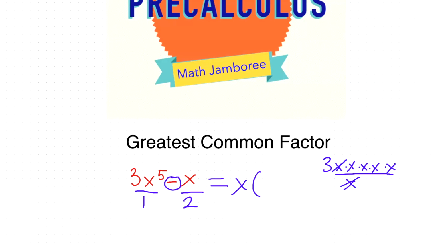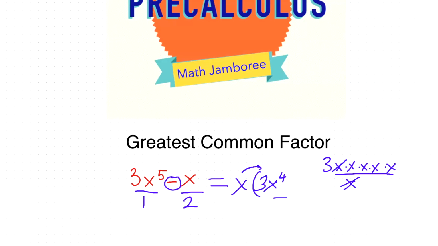To check whether you did it correctly, you can go back and distribute this x into the parentheses: x times 3x to the power of 4 should definitely give you 3x to the power of 5.